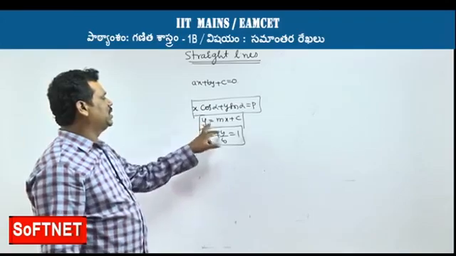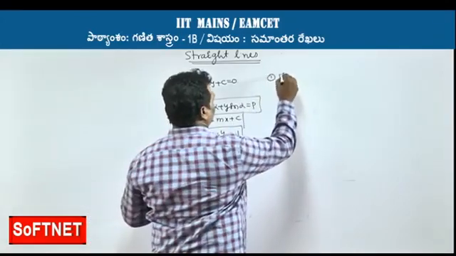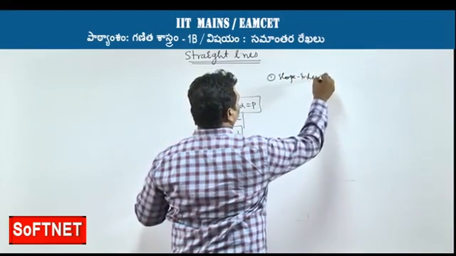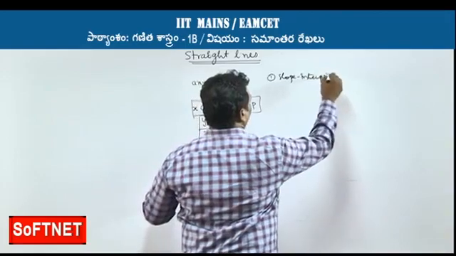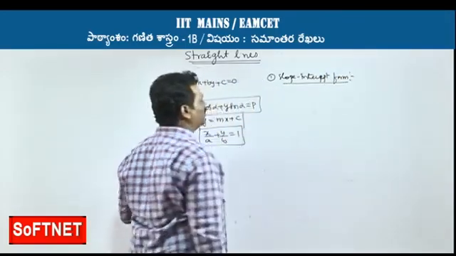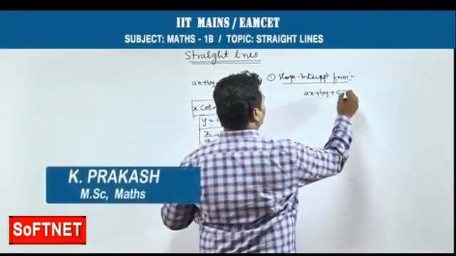First, let us discuss the slope intercept form. The general equation of a straight line is converted into slope intercept form. The general equation is ax plus by plus c equal to 0.